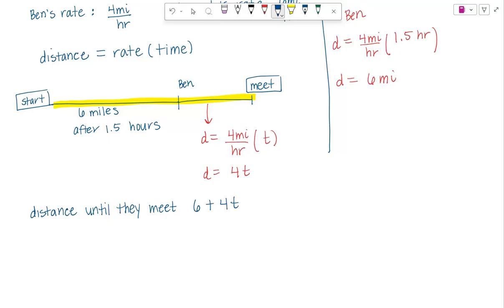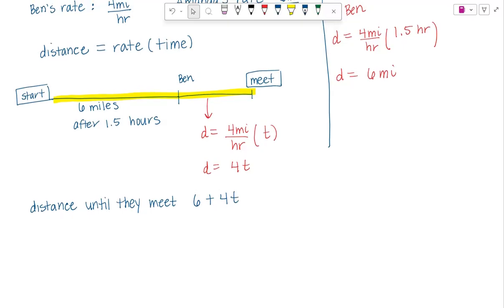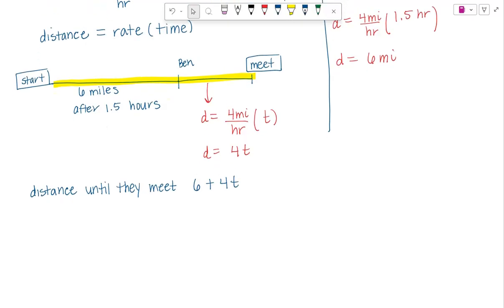I know it's a little confusing because t to us is a variable for time, but we're taking 4 times the number of hours, and that will be a distance for us. All right, so now let's look at Amanda.